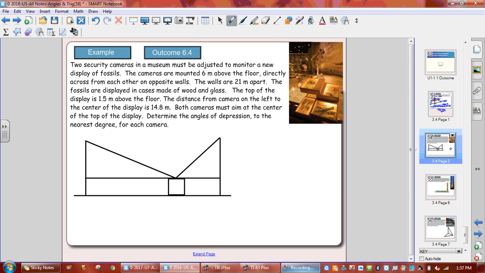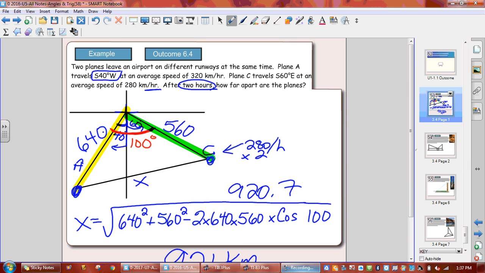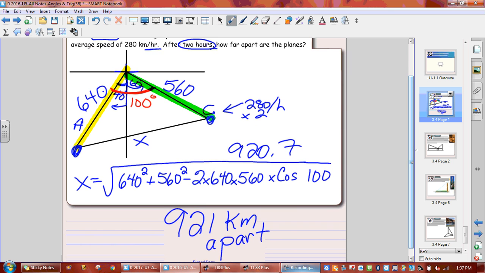Actually, let's just go back to this question for a moment. If this was a multiple choice question, what would be a good distractor answer? 920. Okay, 920. What would be another good distractor answer? What if they forgot to double the numbers? If they forgot to double the numbers, they would have got a very different answer. Guess who did that the first time?